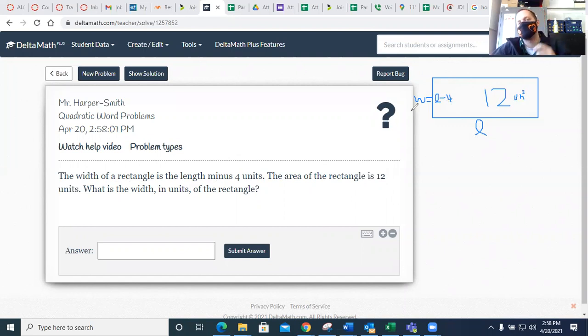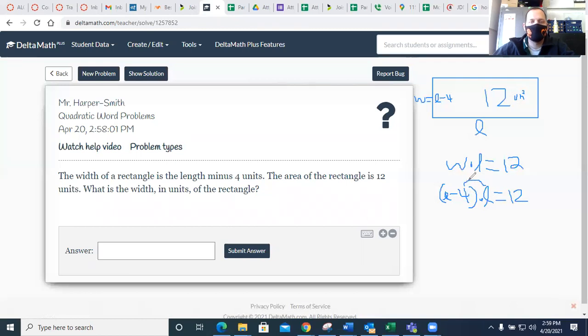What is the width? Well, we know that the width times the length is going to give me 12, because width times length is your area. We know that the width is length minus 4. So I'm going to replace that W with the length minus 4, times L equals 12.